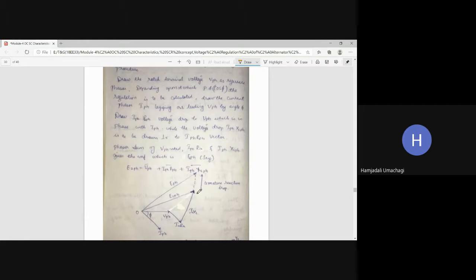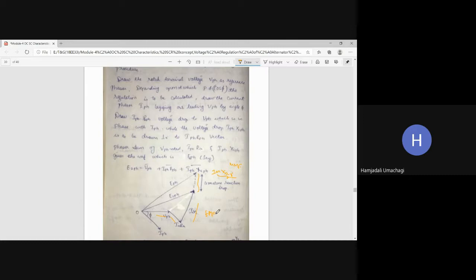Another drop is the armature reaction drop, IA into XAR. This IA into XAR is an MMF quantity, whereas the IARA drop as well as the IA into XL drop, including VPH, are all EMF quantities.